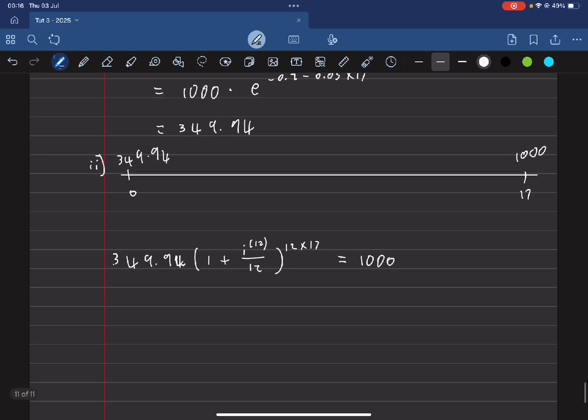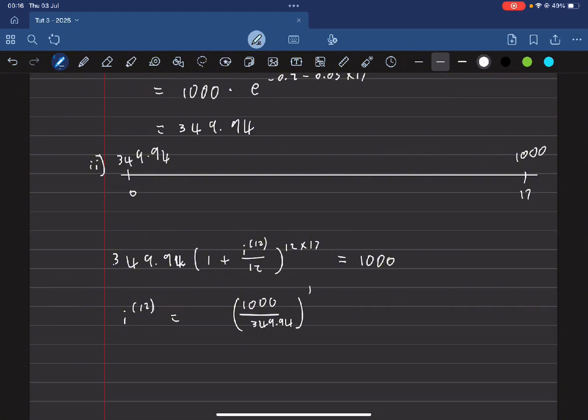Cool. So now to solve for i12, which is what we're overall aiming for, we're obviously going to divide both sides by this. We're going to put it to the power of 1 over that, minus 1, and multiply by 12. So that should be pretty easy. This is just like solving an equation. We're going to say 1,000 over 349.94.